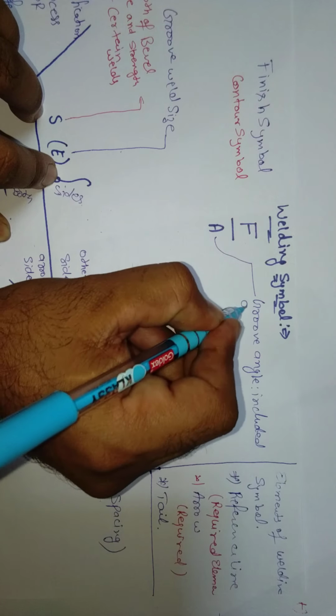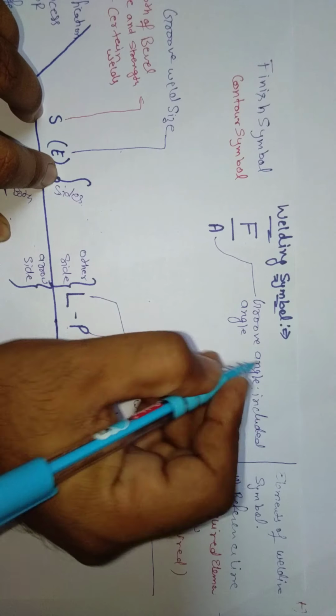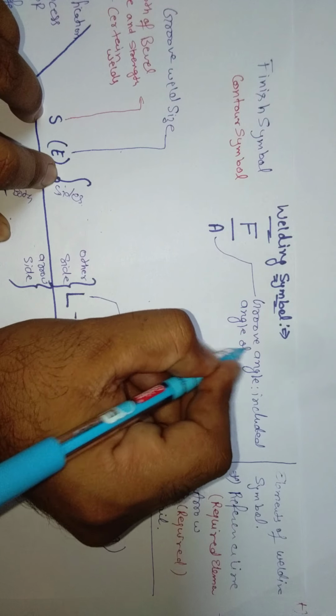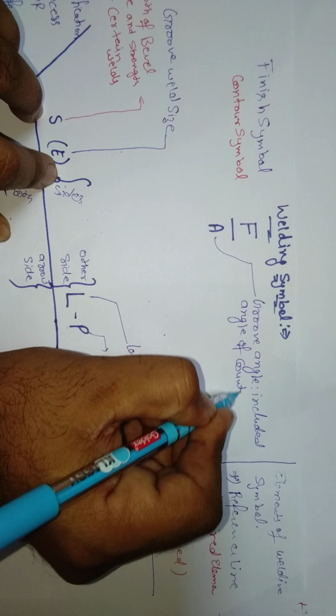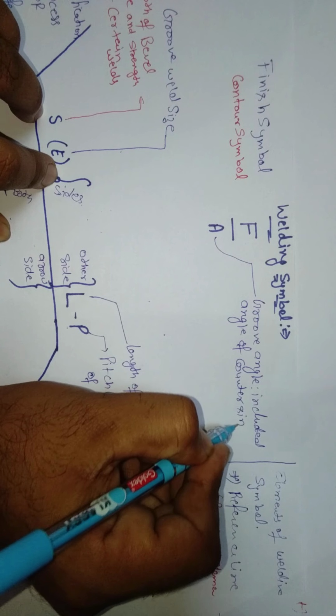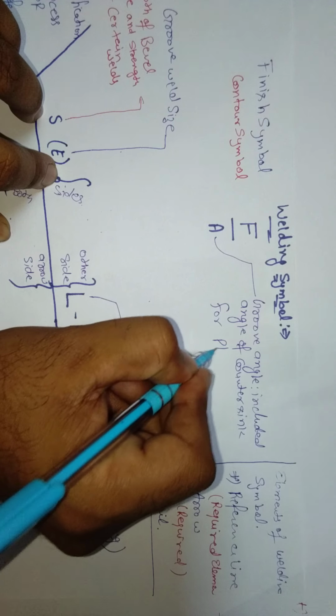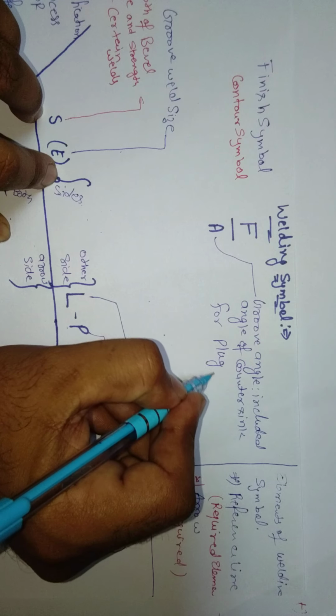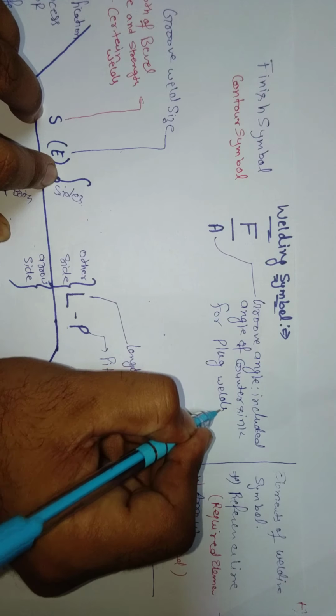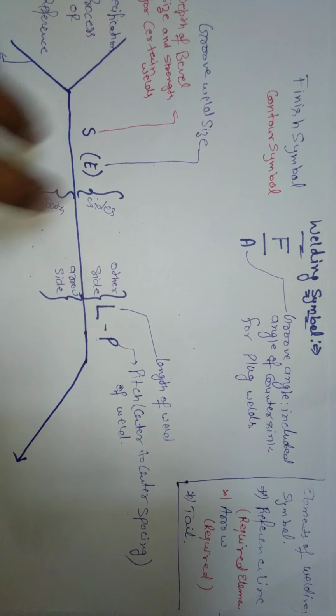Included angle of countersink for plug welds. Now how is the groove angle shown?